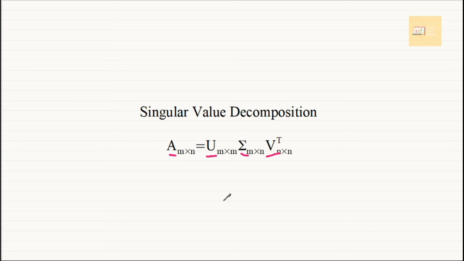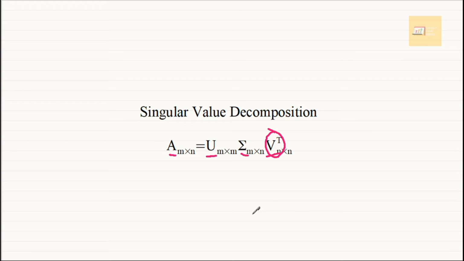Matrix sigma is a diagonal matrix that contains the singular values of matrix A. Singular values are the square root of the eigenvalues of matrices U and V transpose. So loosely speaking, we sometimes say that the diagonals in the matrix sigma are the eigenvalues, even though that's not correct. Anyway, now let's take a closer look at matrix V transpose.